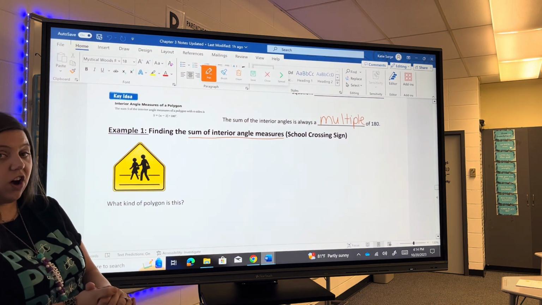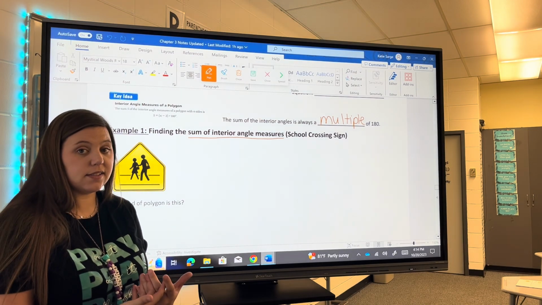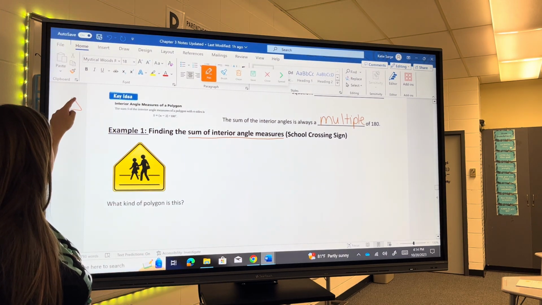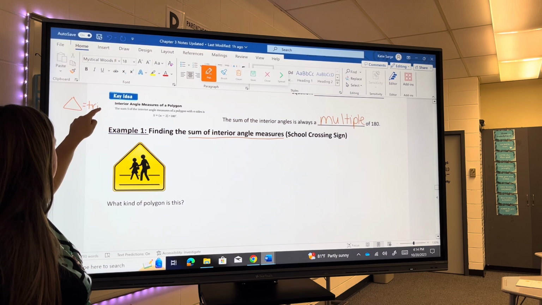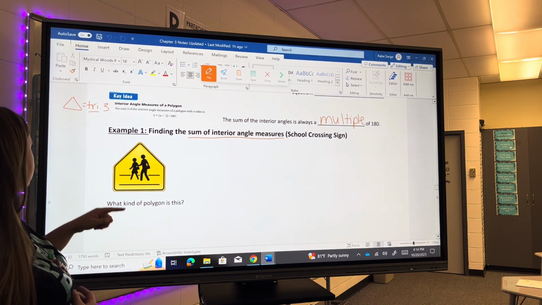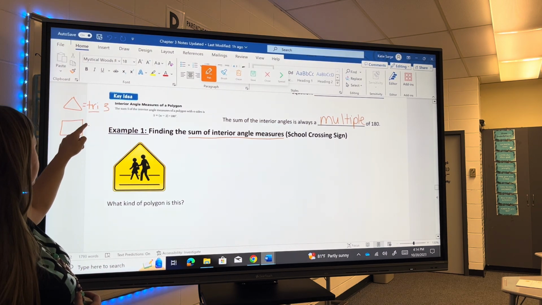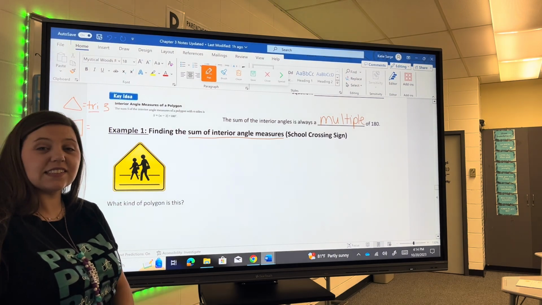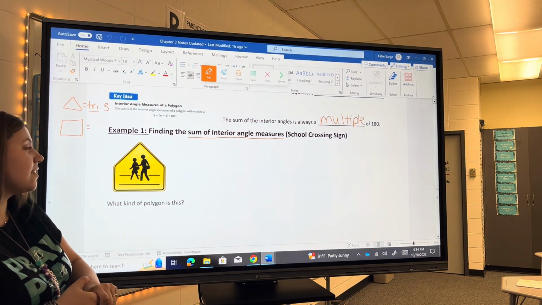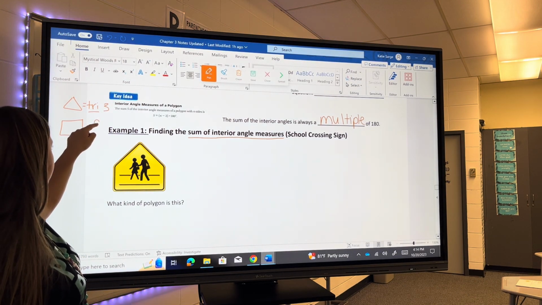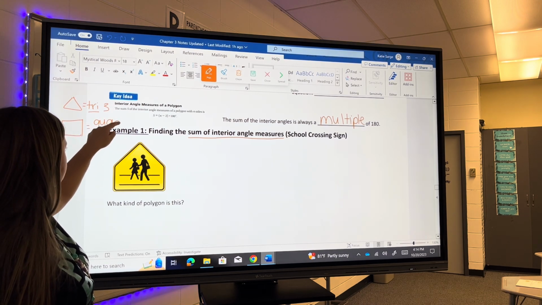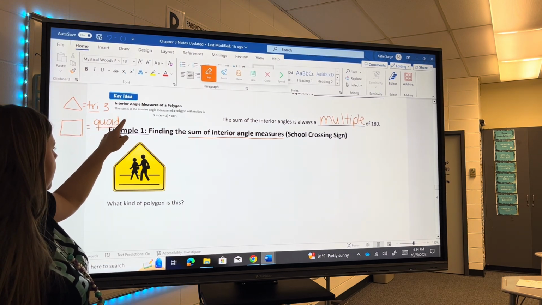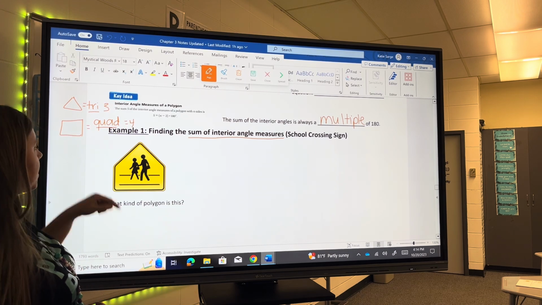A polygon is just many sides, okay? But if I've got one that's got 4 sides, do you know what that's called? Okay, maybe you know. It's a quadrilateral, and quad means 4, so that's 4 sides.